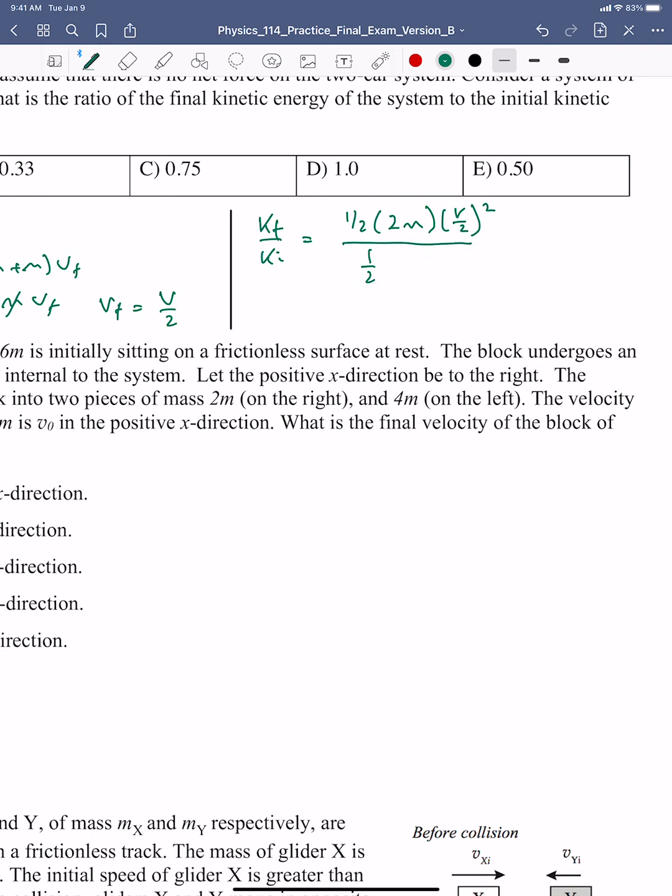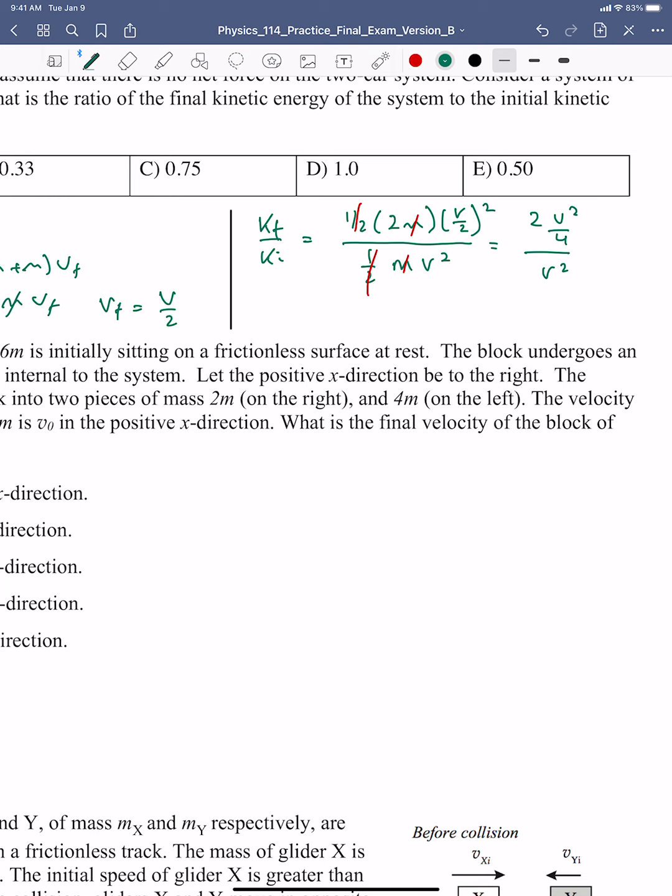There's only one railroad car moving initially, so that's just m moving with speed v, all squared. So we can cancel out those halves, and those m's. We'd end up with 2v squared over 4 divided by v squared.